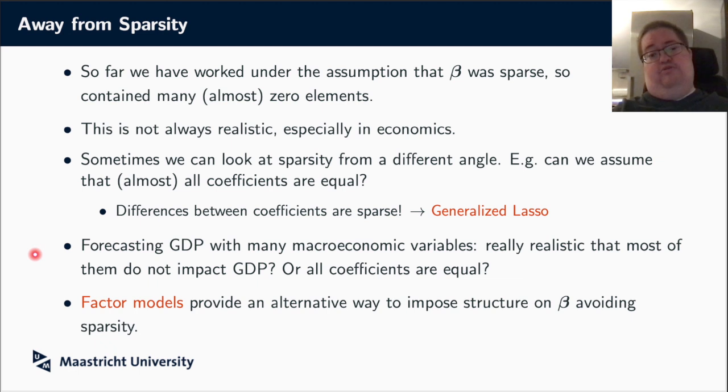In particular, we call these things common factors. These factor models provide an alternative way to impose structure on our model. And whereas penalized regression comes more from the side of statistics, factor models, in the way that we consider them in applications, are really more of an econometric tool. So the next lectures will discuss those models in more detail.